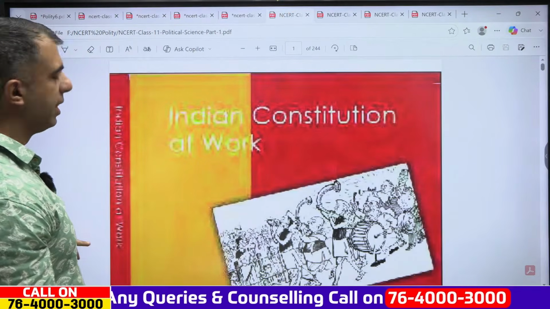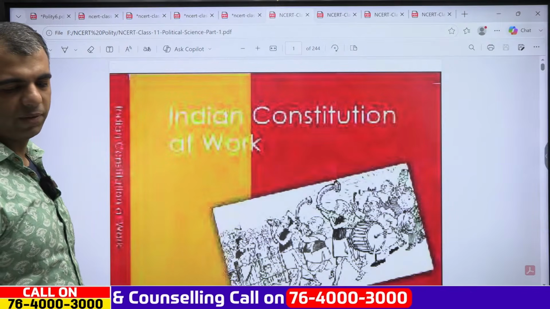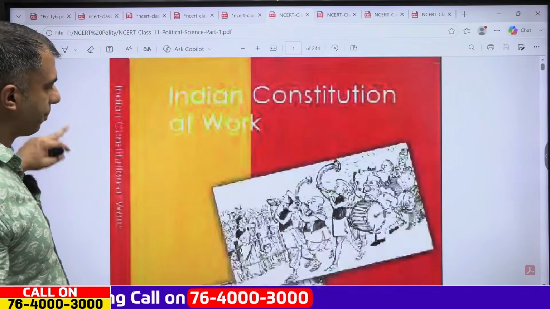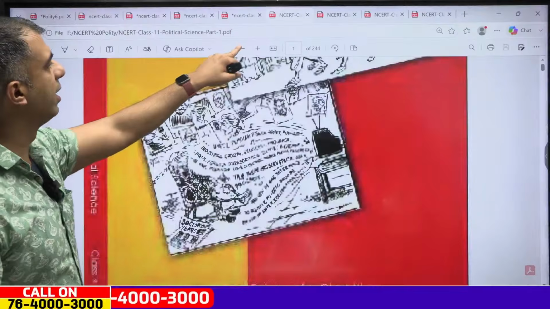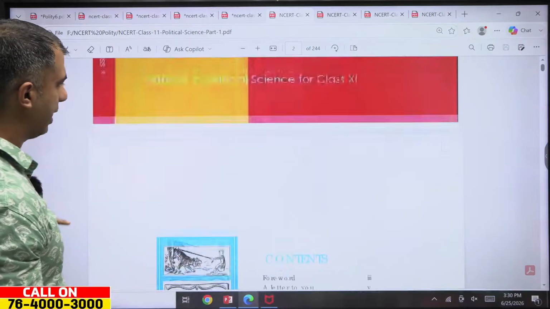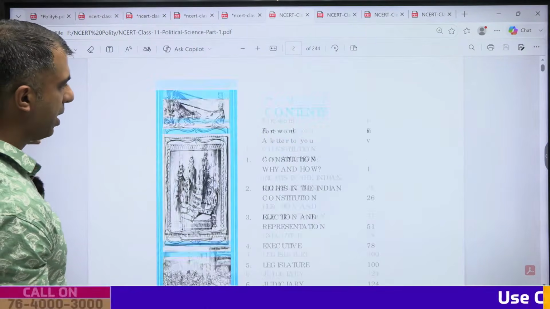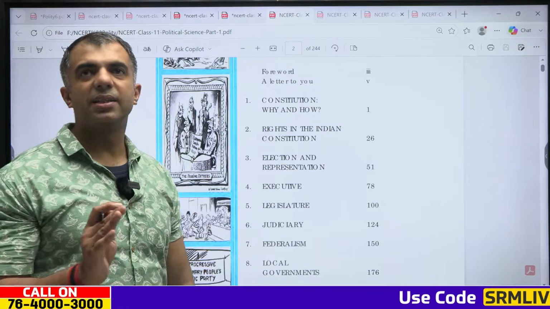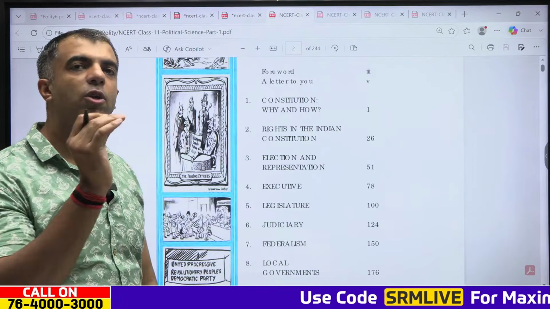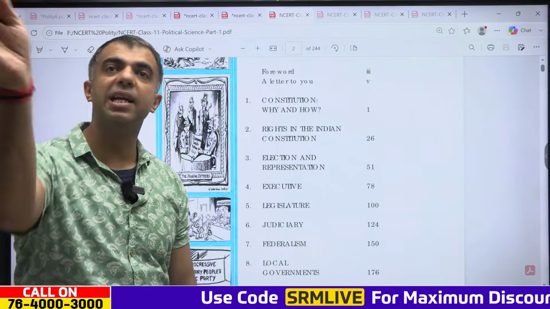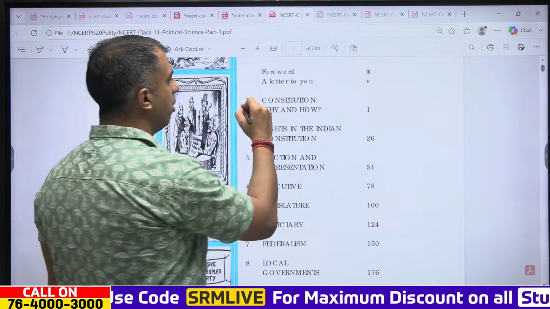Again, in this NCERT of class 10th, you will find a very good idea. Now, this is again class 9th. So, a basic understanding of every topic that is covered in detail in class 11th.